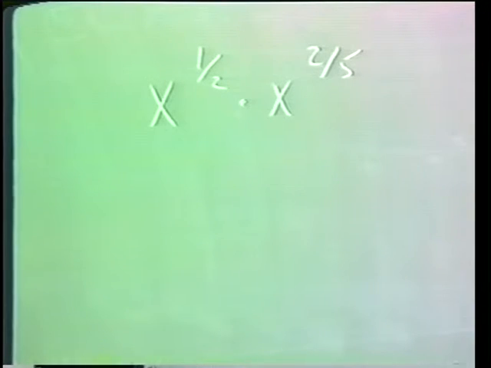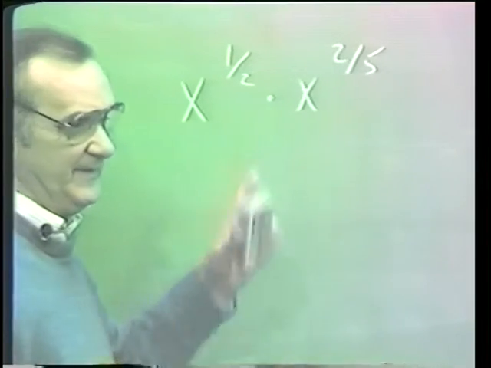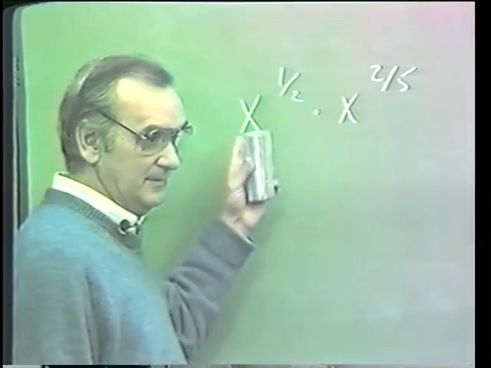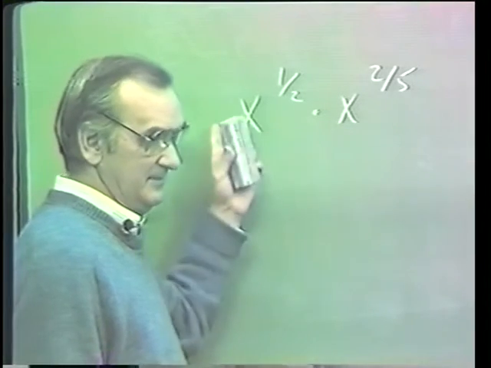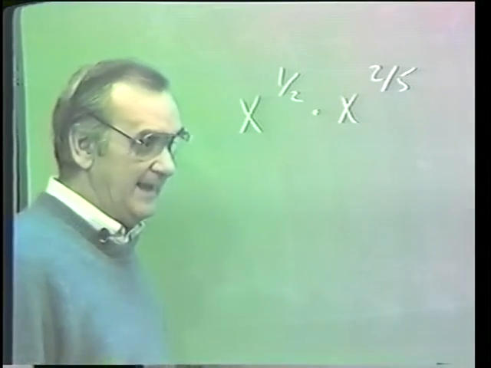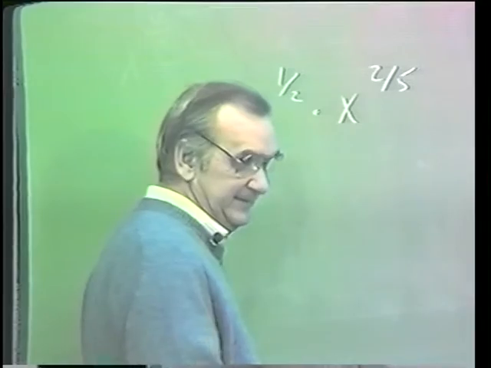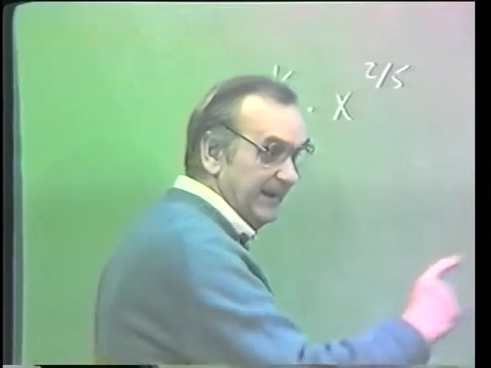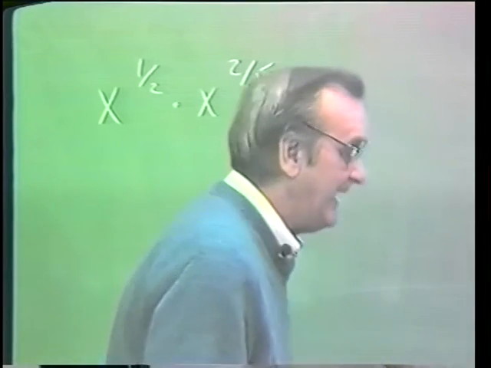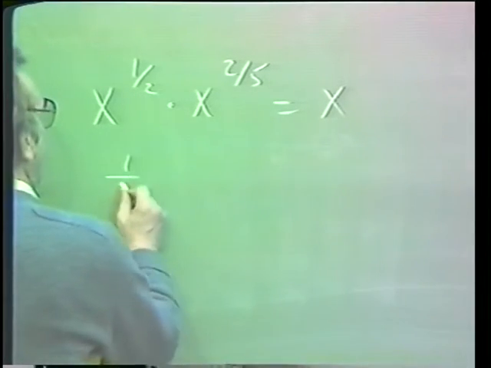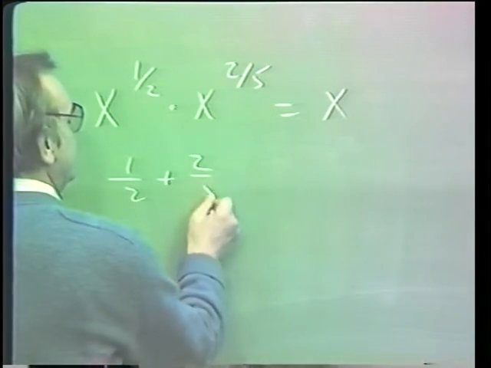How do we get it? Well, Mike, what does it say to do with these bases? What's the operation here? Multiply. Anytime we multiply like bases, property 1 says keep the base, right, Mike? And do what with the exponents? Add the exponents. 1/2 plus 2/5.